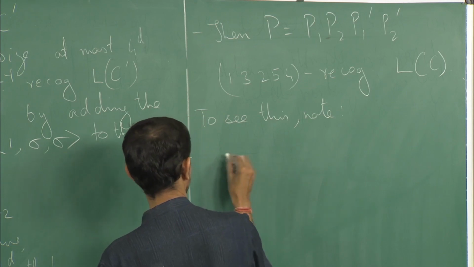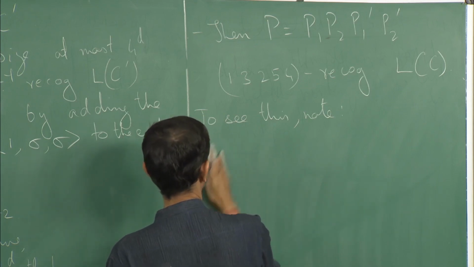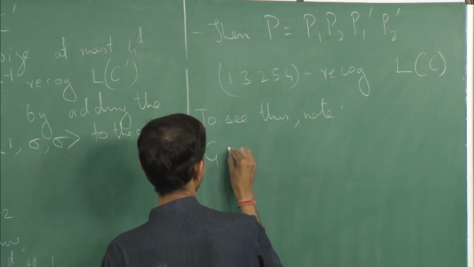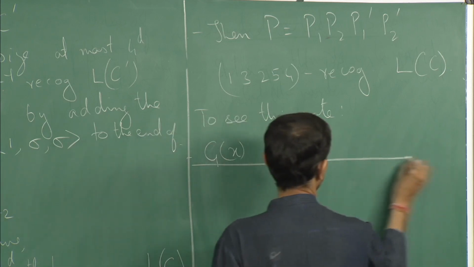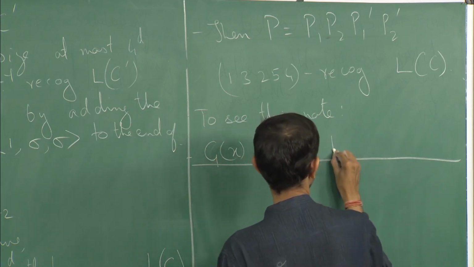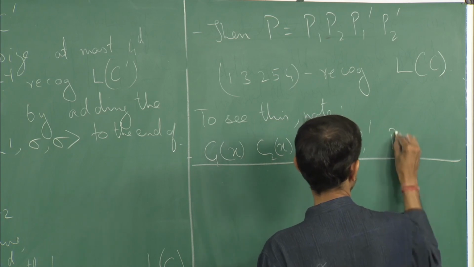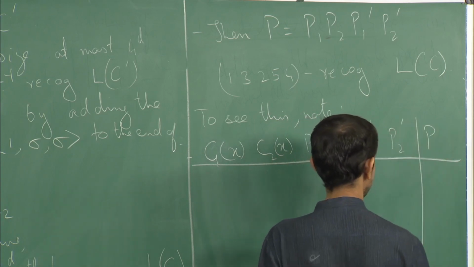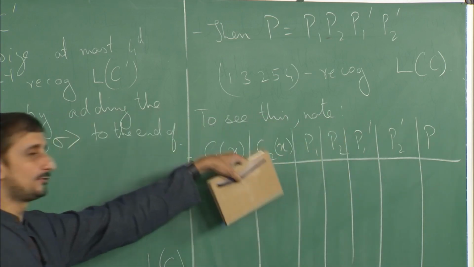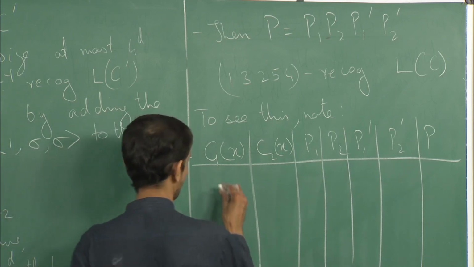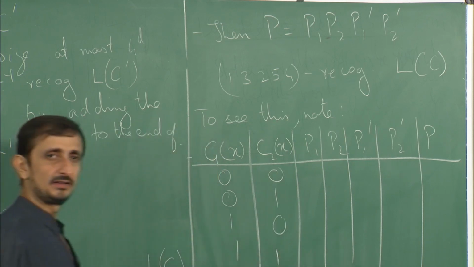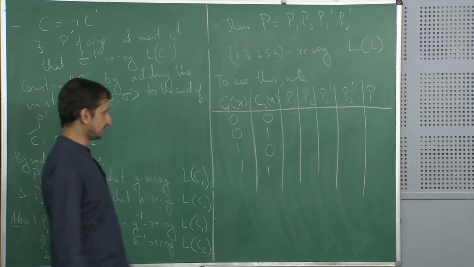We have C1 on X, C2 on X, P1, P2, P1 prime, P2 prime and P. So, C1 and C2 on X can have any of the following outputs: 0, 0, 0, 1, 1, 0 and 1, 1. These are the 4 outputs for C1 and C2.